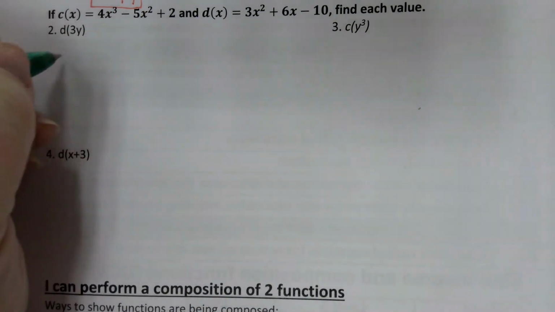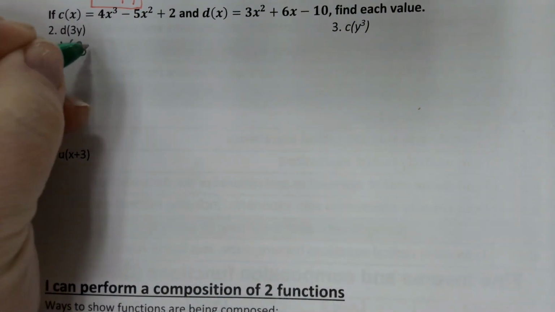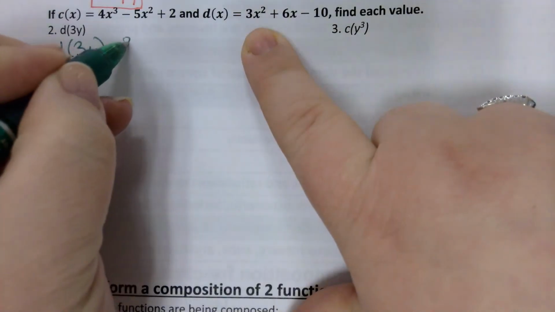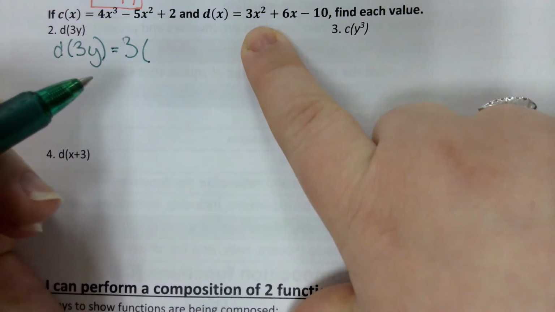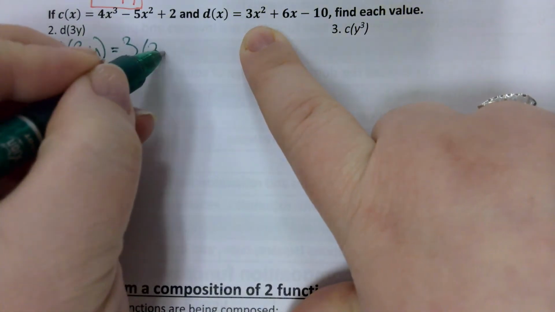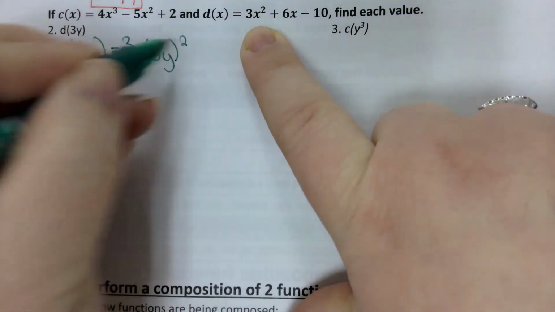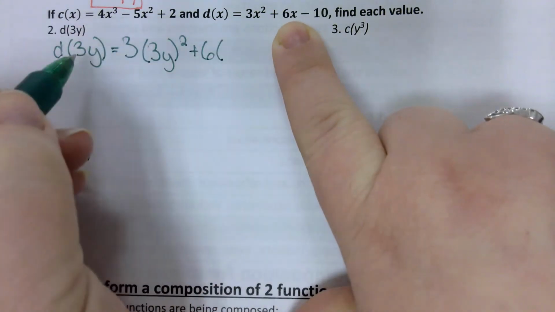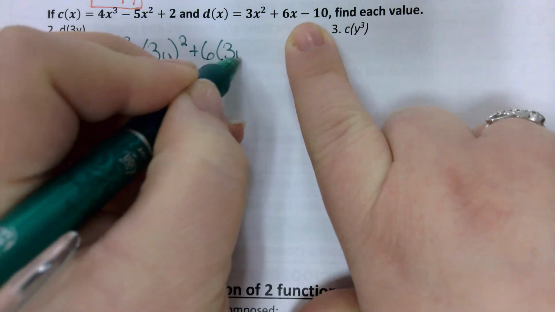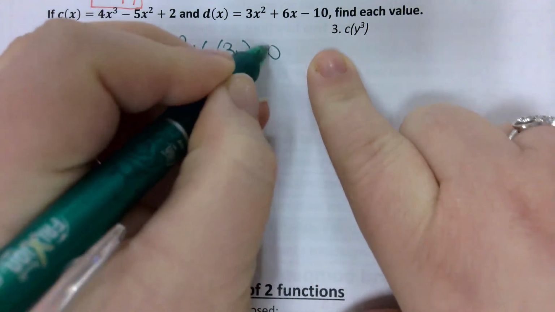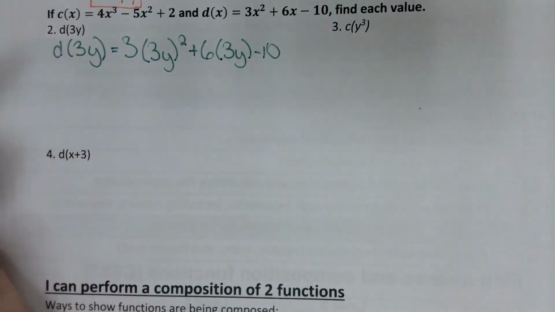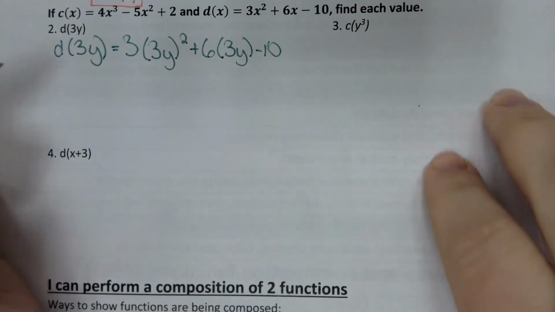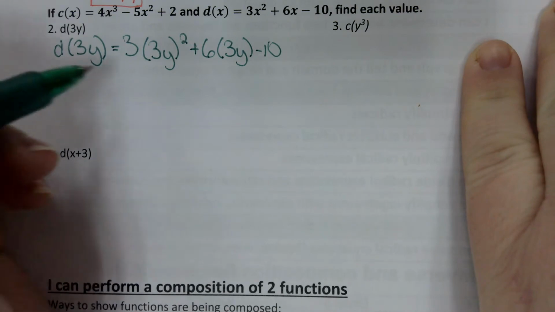So we have d of 3y equals 3 times, parentheses, because I'm substituting in, 3y squared plus 6 times, there's that 3y again, minus 10. Now this is not something that we could just type into our calculator, so we do actually need to know how to simplify with our order of operations.